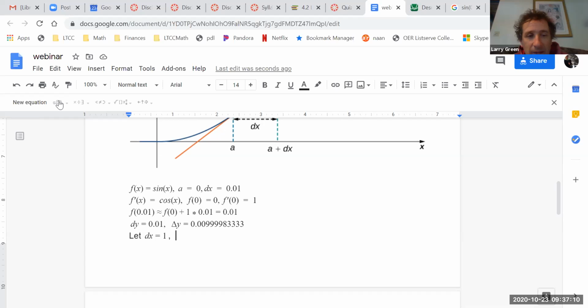And what we can do is we can say that dy is also 1. Okay, that's the nice thing about the small angle approximation: dy is just your value of x. So dy is 1. And delta y, that we have to figure out.